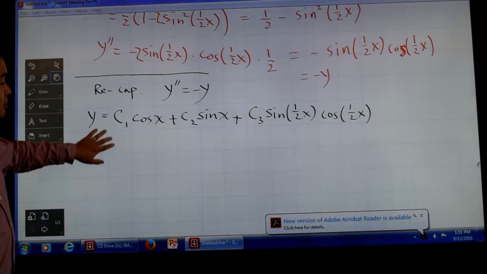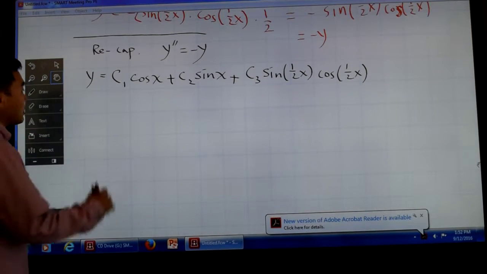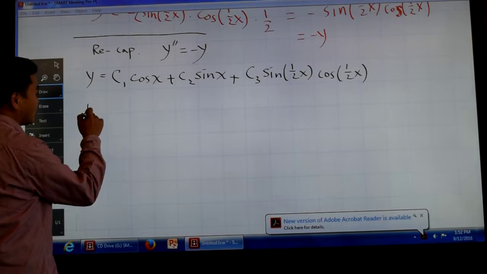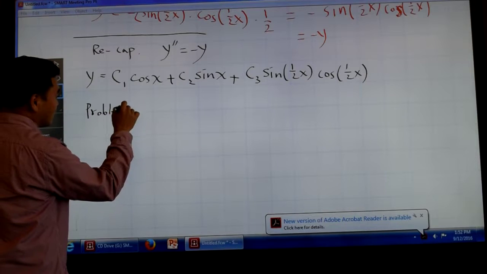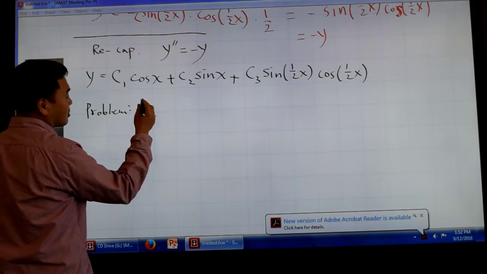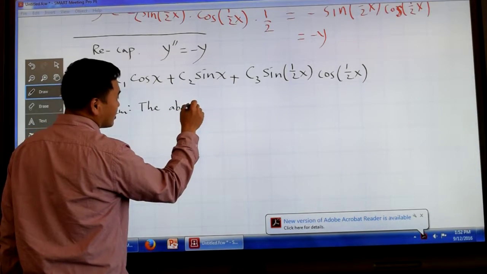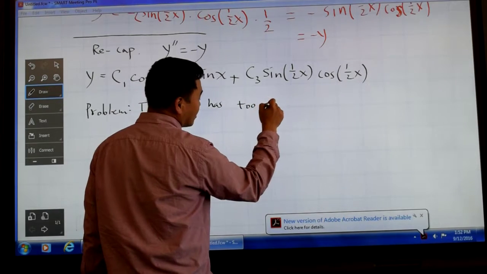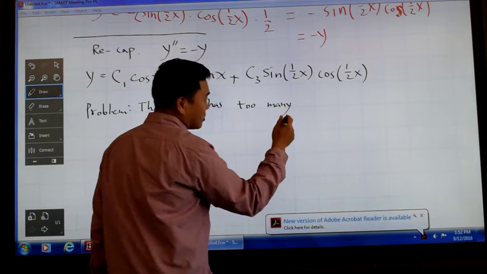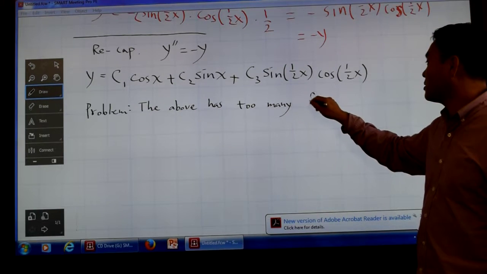So here's the problem, or a headache. The above has too many functions.